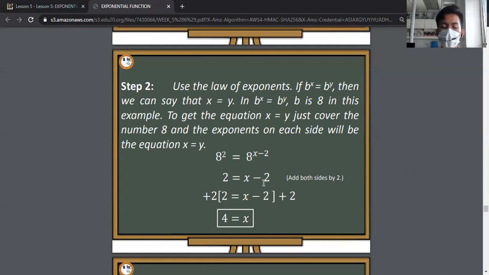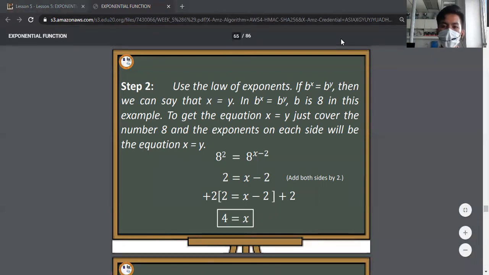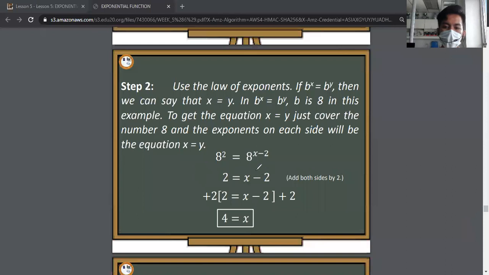Then kailangan po natin makuha yung value ng x po natin. We need to transpose negative 2 to the right side, magiging positive 2. So susulat ko po para makita nyo po. So transpose po natin tong negative 2 sa kabila. Magiging positive 2 po.